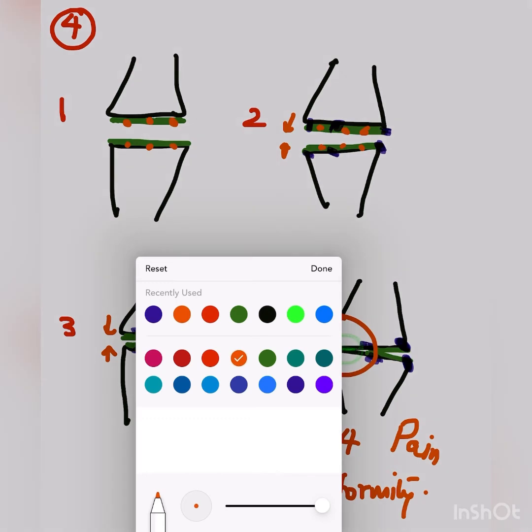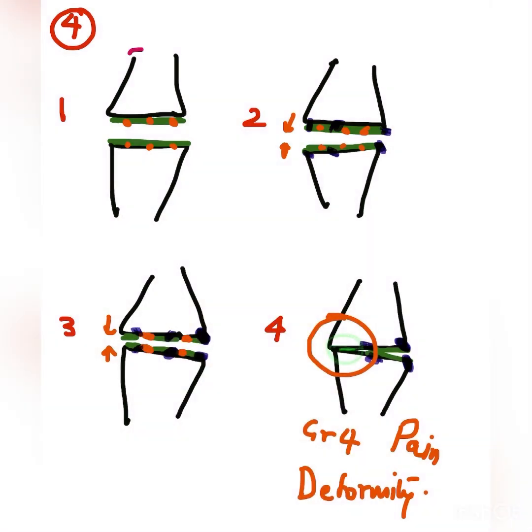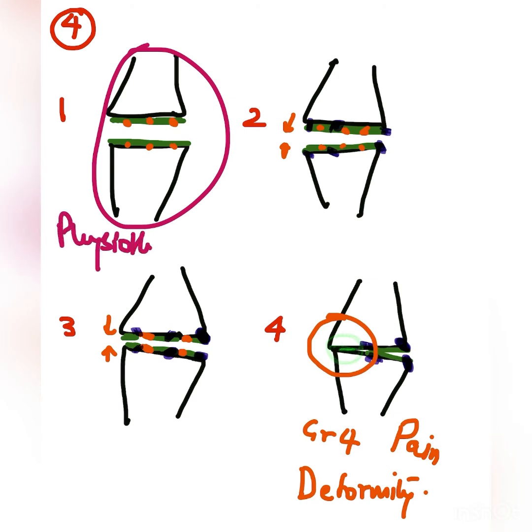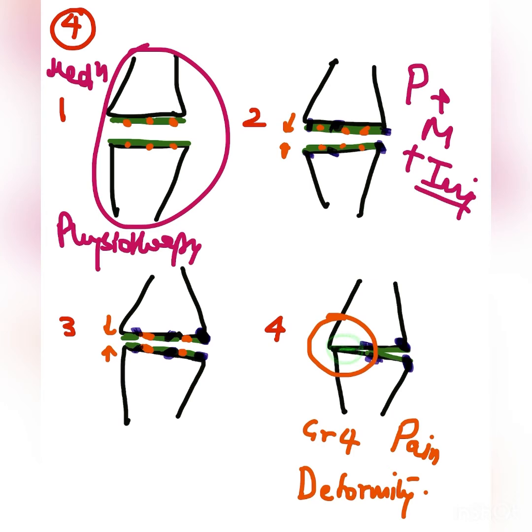Talking in terms of treatment, grade 1 of knee arthritis just requires physiotherapy and medications. Grade 2 also requires physiotherapy plus medications plus injections of various nature.